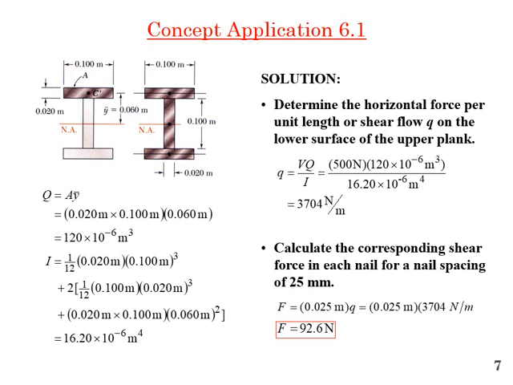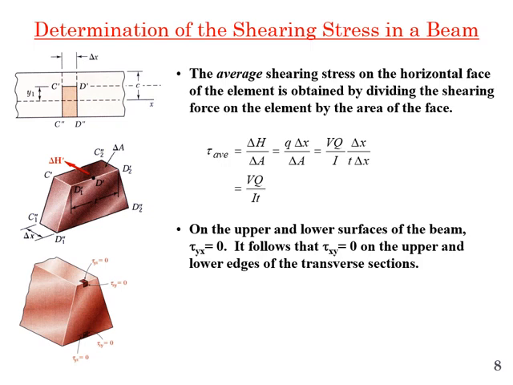Now this shear flow, we extend it to find what will be the shear stress. Now coming back to that same beam, with delta x as the distance along the length of the beam, and this lower area, let's take this lower area.